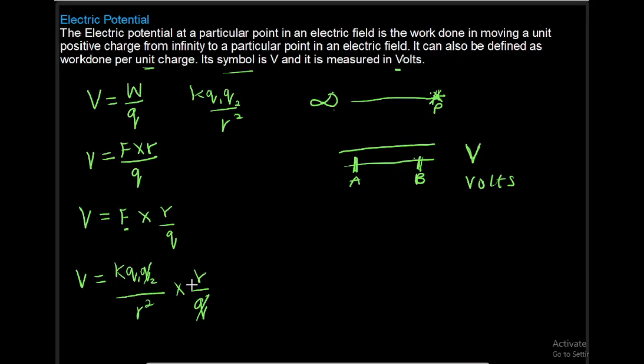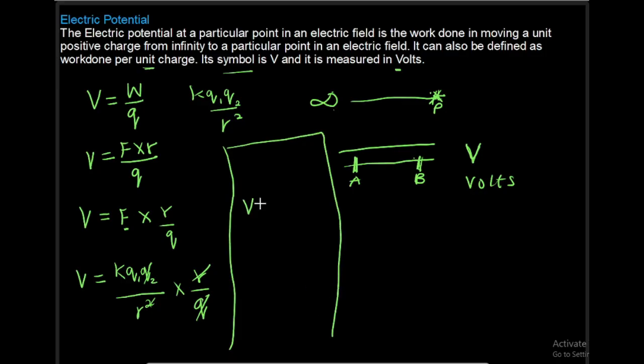For the distance too, the R here cancels out one of these. So our equation now for electric potential is V equals KQ all over R. This is one very, very important equation as far as electric potential is concerned.